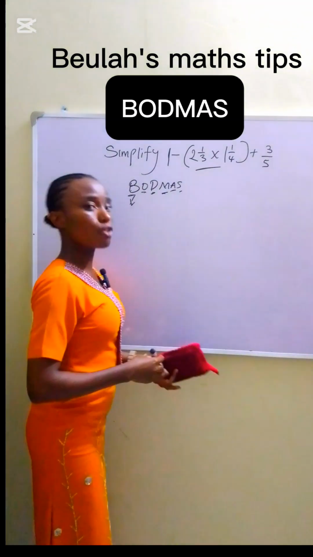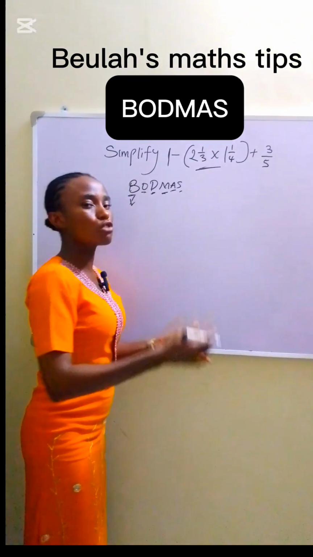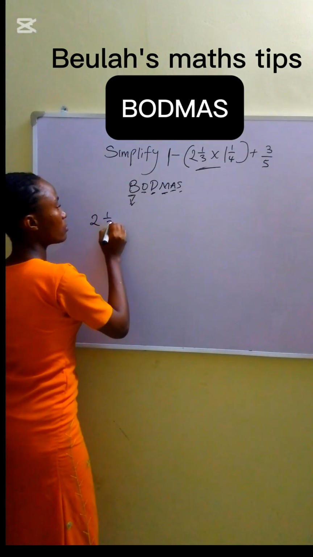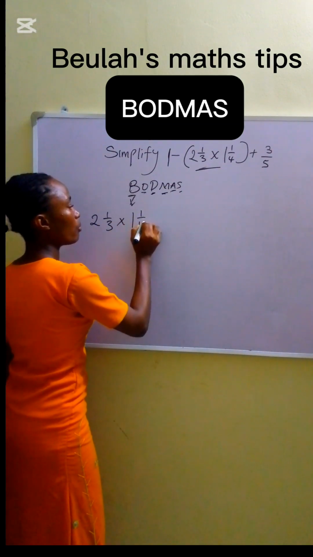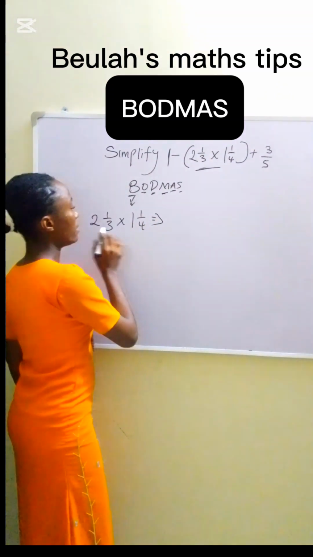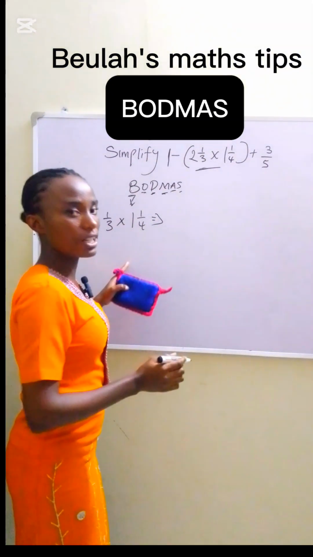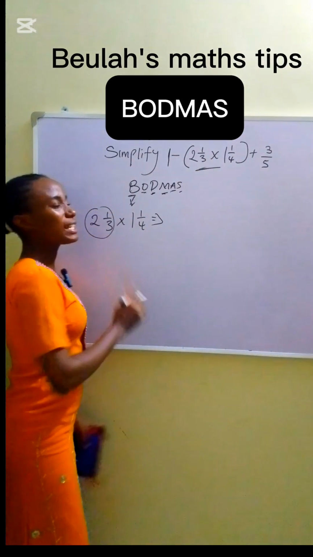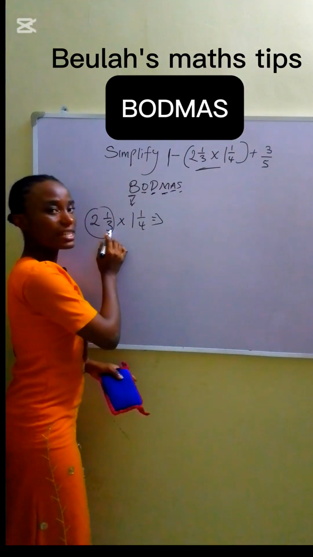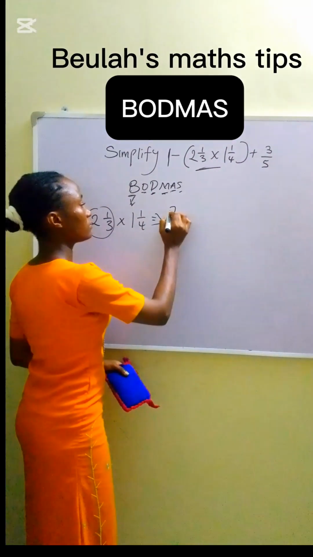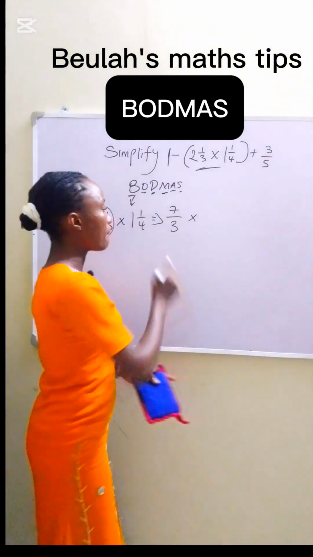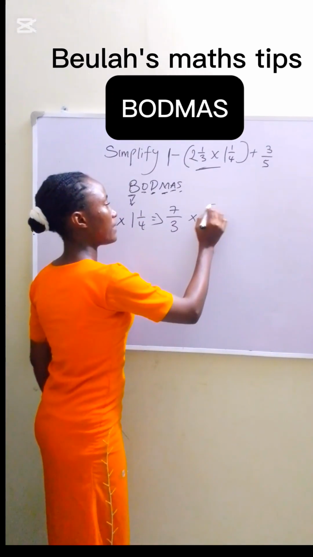Now let's take it bit by bit. Is there bracket? Of course there is bracket. We have bracket. Now we solve bracket first. Our bracket says 2 whole number 1 over 3 times 1 whole number 1 over 4. We are multiplying. Before we multiply, let us change this mixed fraction to improper fraction. 2 times 3 is 6 plus 1, 7 over 3. 1 times 4 is 4 plus 1 is 5, that is 5 over 4.